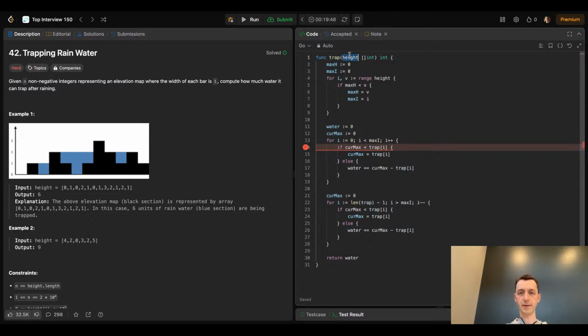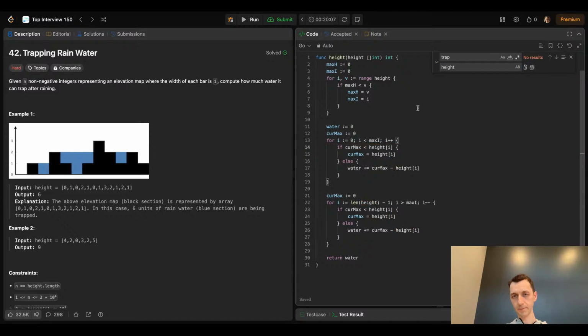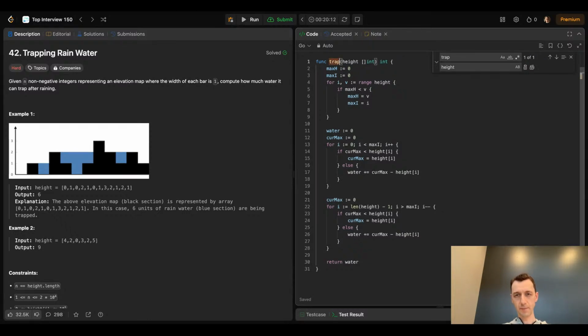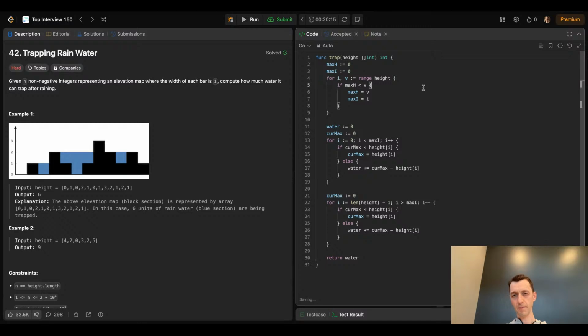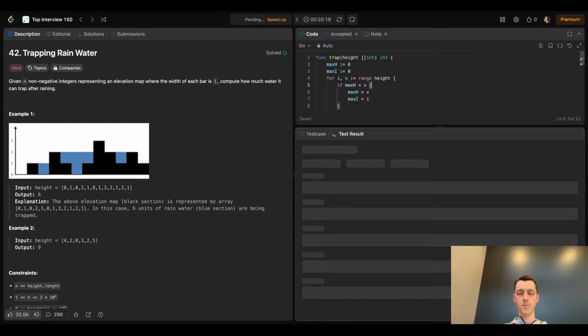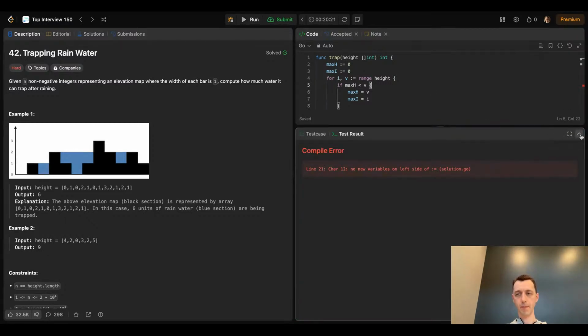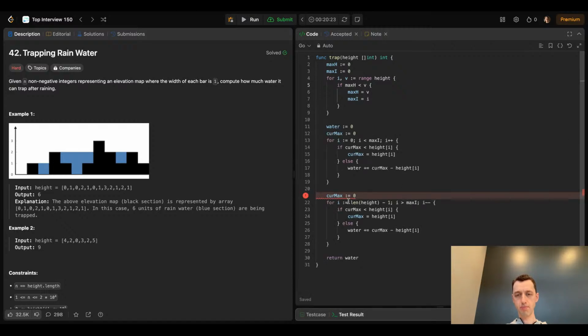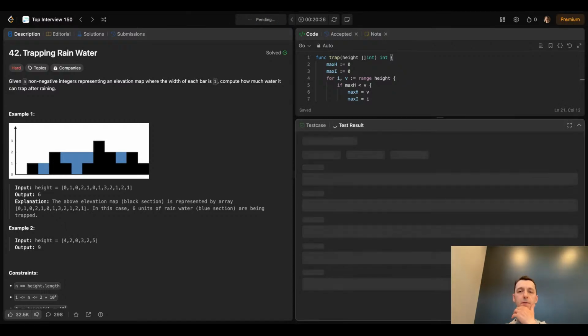Oh, yeah, trap height instead of that. No new variable.